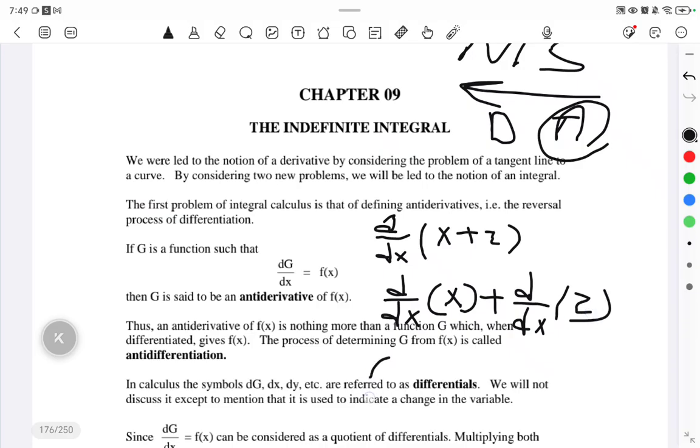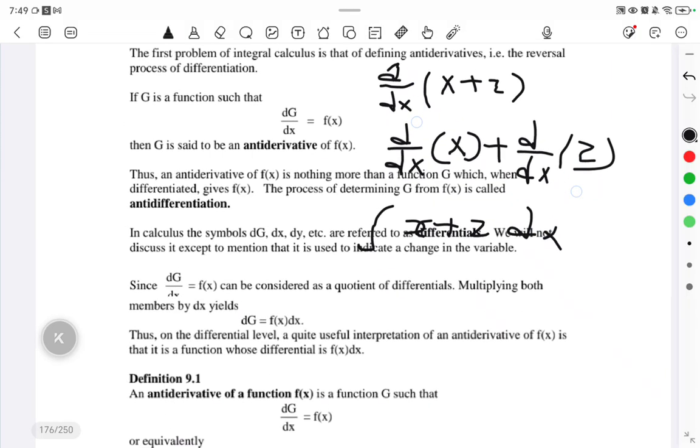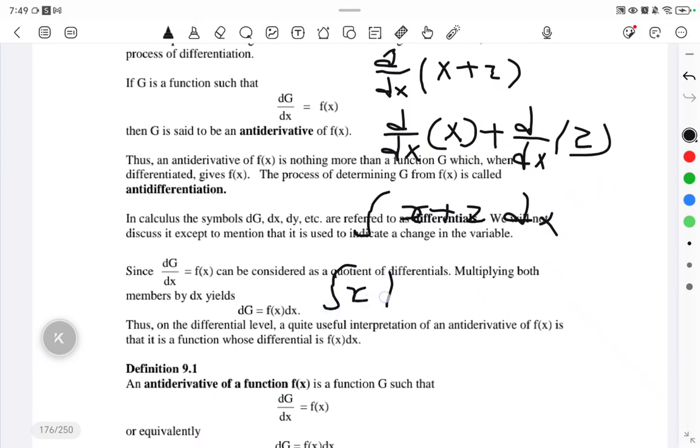If I have the integral of x plus 2 dx, I'm still going to do the same thing, I'm just going to distribute. They are mere rules that help us solve these in a simpler way.